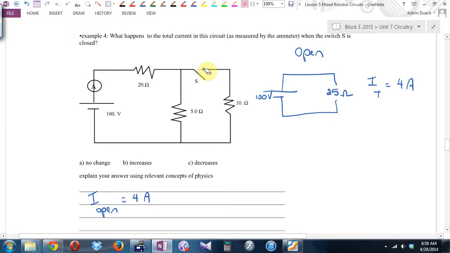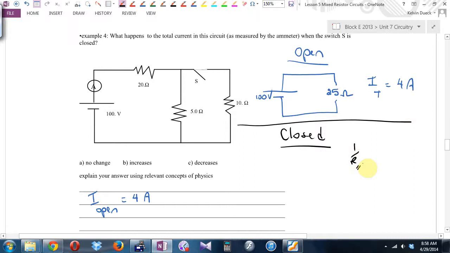Well, now I think I have a couple of resistors in parallel. Which two resistors are in parallel? Let's be organized. Closed. 1 over R parallel equals 1 over 10 plus 1 over 5.